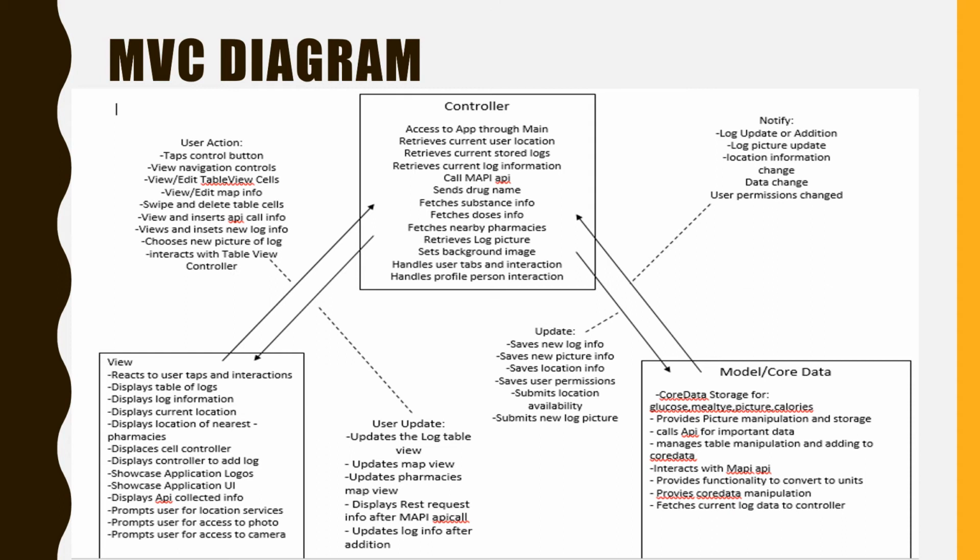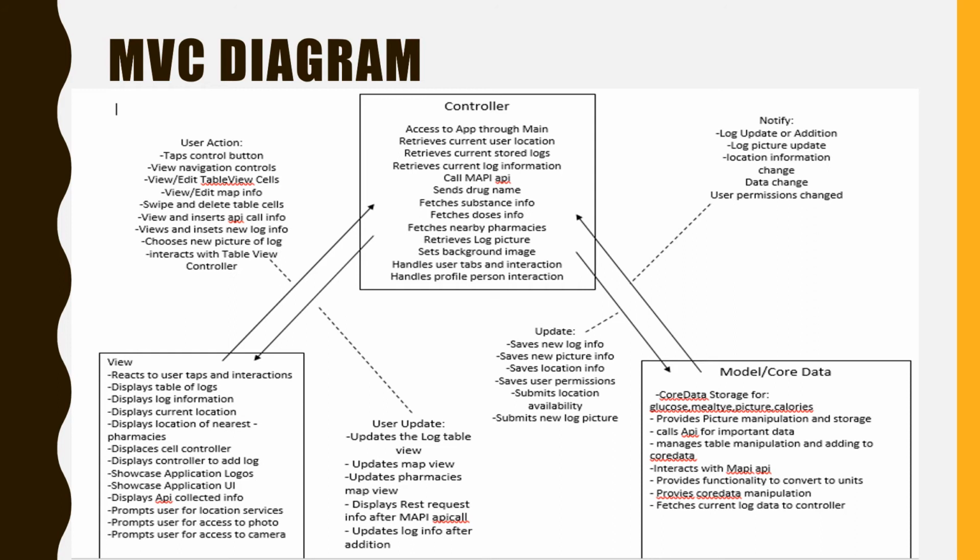And then the view is basically the UI. It interacts with the user, right? It provides all the data in a readable format. So its main purpose is to show your user location on the map, show the closest pharmacies on the map, and show the current logs in the table, which would be the diabetic logs, all in a readable format with the picture and the data associated with it.